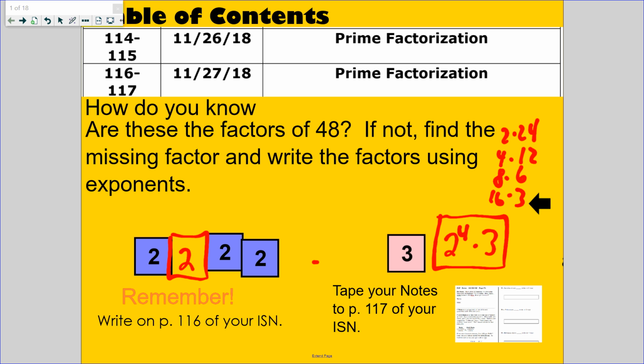I can also say what else makes 48? 2 to the 4th power times 3 makes 48. I can say 2 cubed times 6 makes 48. So there are so many different ways I can write the factors of 48.